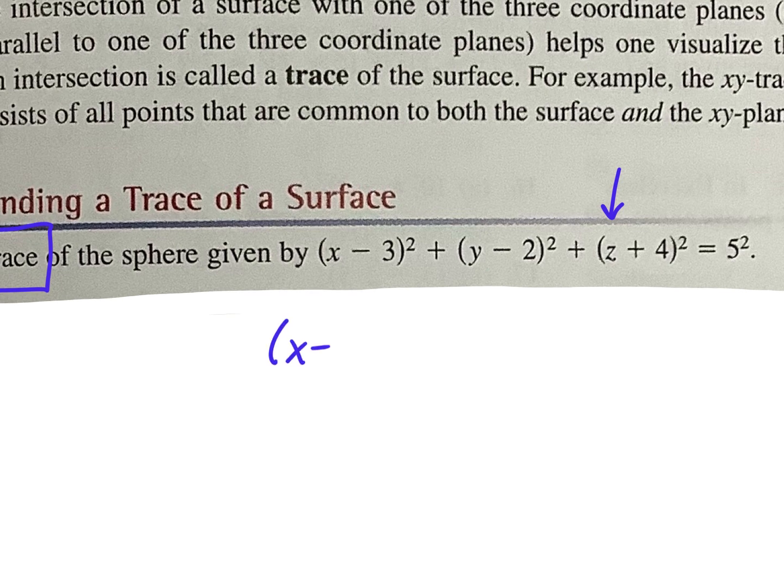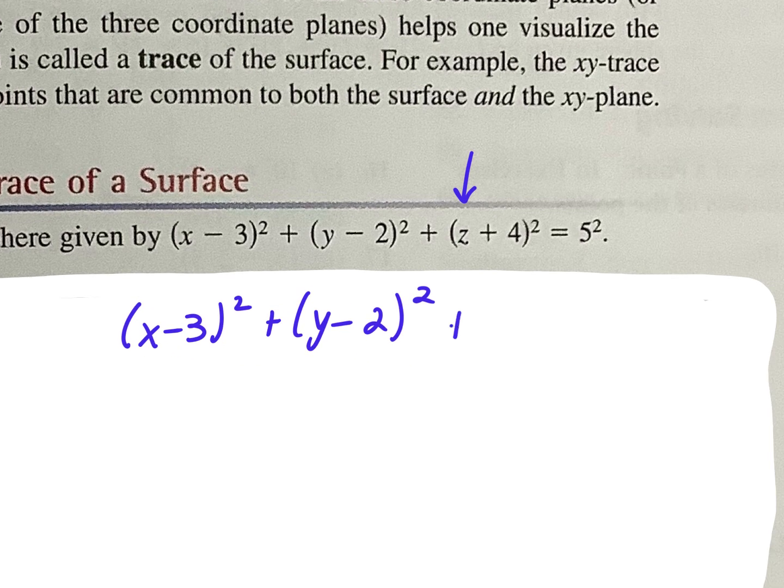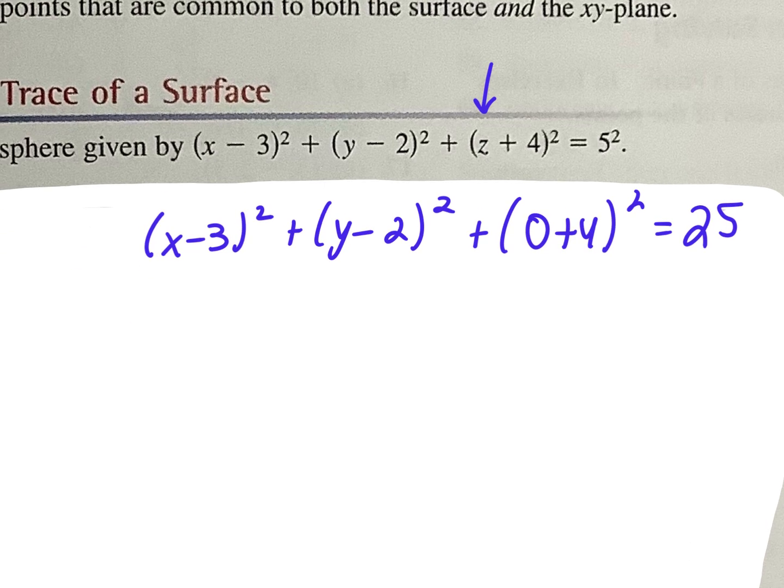You have X minus 3 squared plus Y minus 2 squared plus, what number am I plugging in for Z? So 0 plus 4 squared equals, what's 5 squared? 25. Perfect. So now, what is 0 plus 4? 4 squared is, so this is, you guys agree this is plus 16? All right, so what do I do with that 16 now?